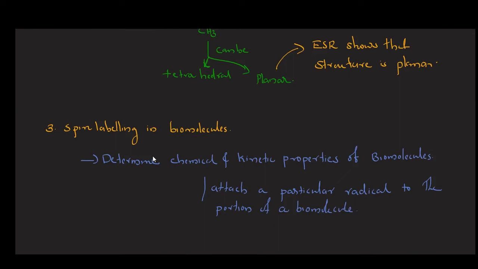We know that radicals are ESR active. So to determine the chemical and kinetic properties of a biomolecule, first you have to attach a radical to the particular portion of the biomolecule.